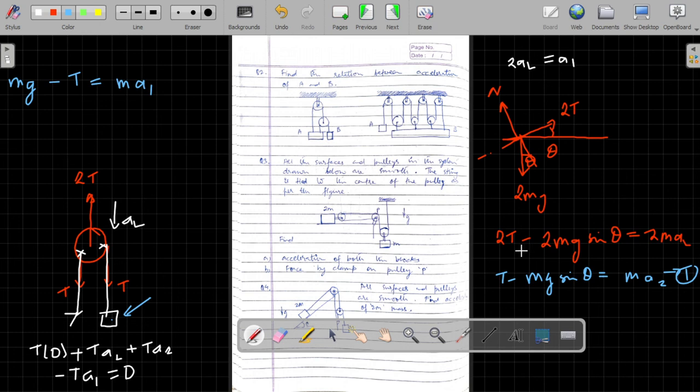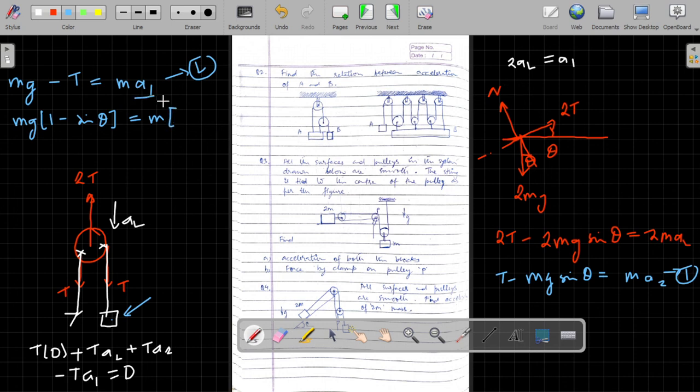So if we add equation 1 and 2, we'll be able to get mg into 1 minus sine theta is equal to m into a1 plus a2. Then we can replace any of these equations.